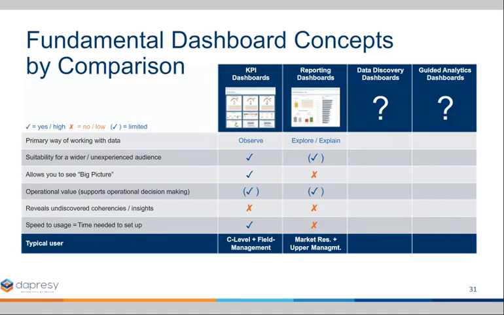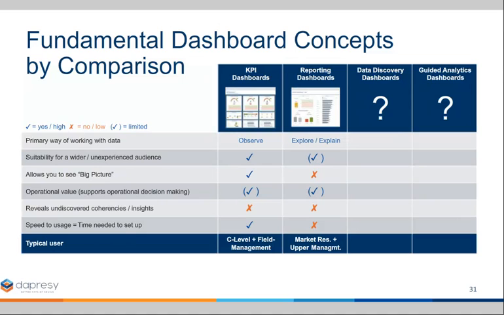But what does it mean compared to the KPI dashboard? Basically, the primary way of working is explore and explain. The explore part means I really have to go through the information in detail, step by step. On the other hand, since I can have a narrative in my story, I also explain step by step how things can happen.